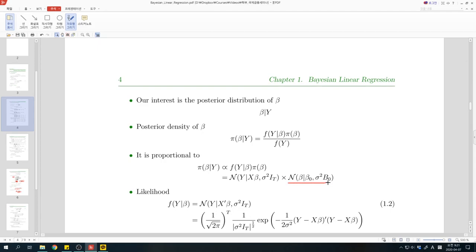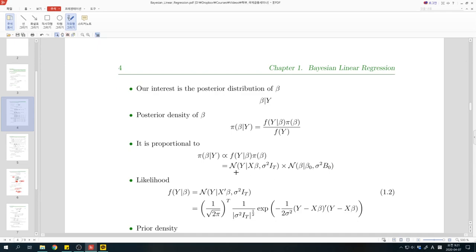Then in this position, it should be a chi-square density, not a normal density, or this should be replaced by a student t density, right? Then what happens? Nothing you can do. You cannot arrange this equation with respect to beta. Of course you can, but this kernel is something new, something you can't find in any textbook.